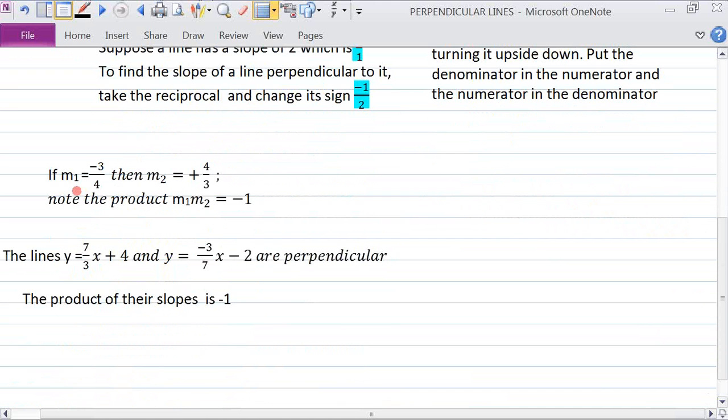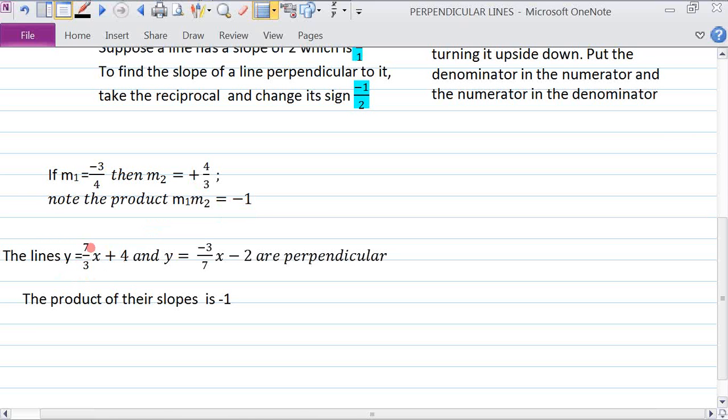Well, let's take another example. Suppose the slope of one line is -3/4. A line perpendicular to this would have slope +4/3. Note that the product m1 times m2, -3/4 times 4/3, the 3's cancel, the 4's cancel, and we get -1.